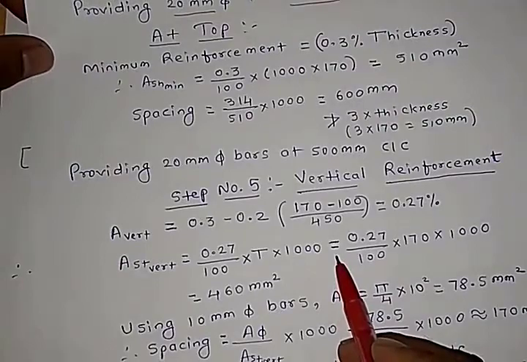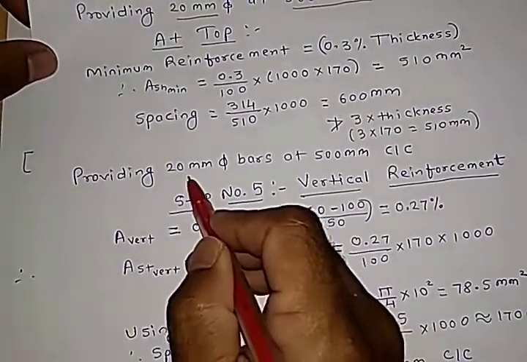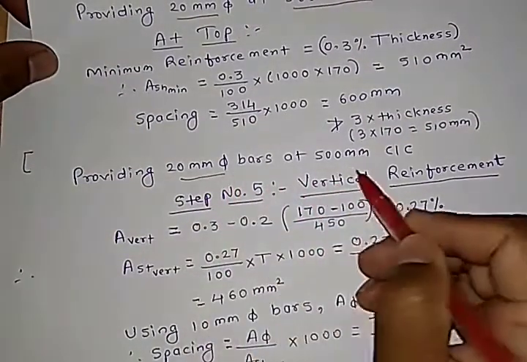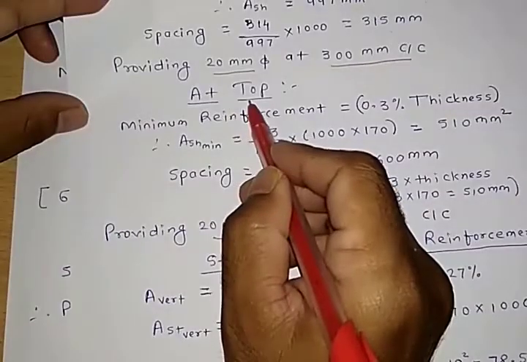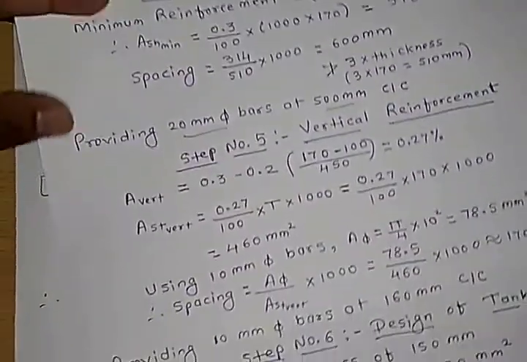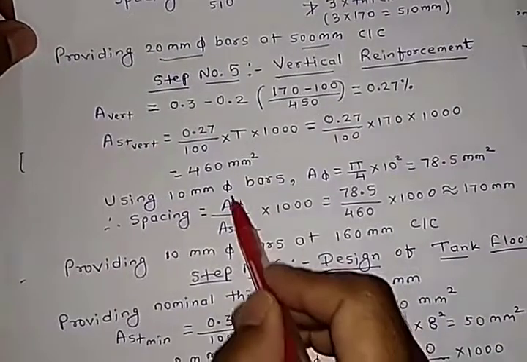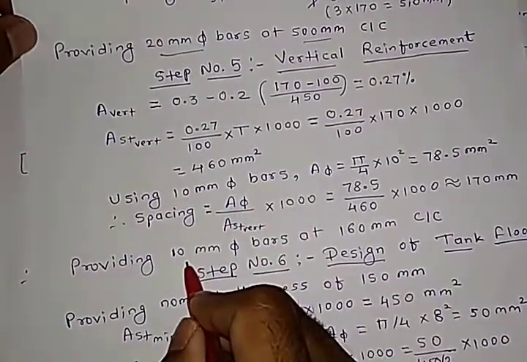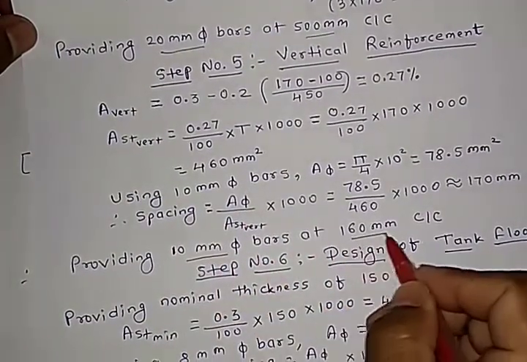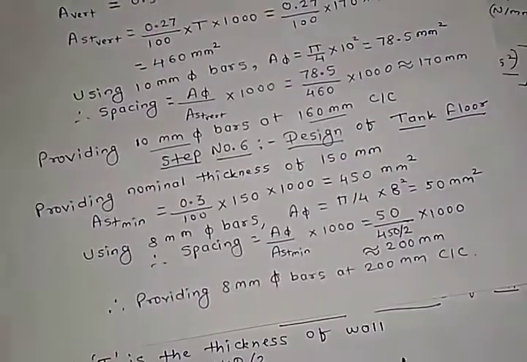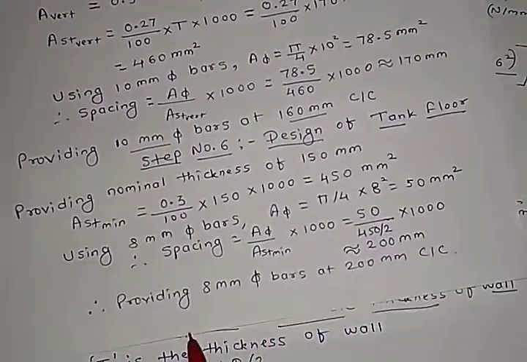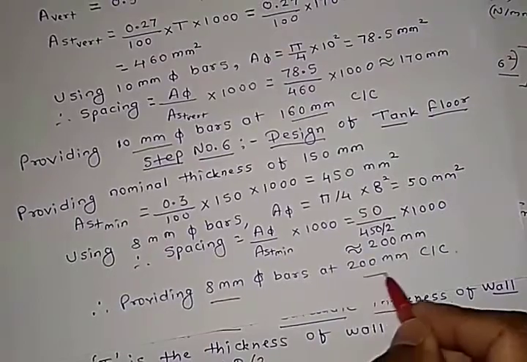Similarly, we got 20 mm diameter at the rate 500 mm at the top. And we have also calculated the vertical reinforcement, and that is 10 mm diameter at 160 mm. And at the base slab, we got here 8 mm at 200 mm center to center.